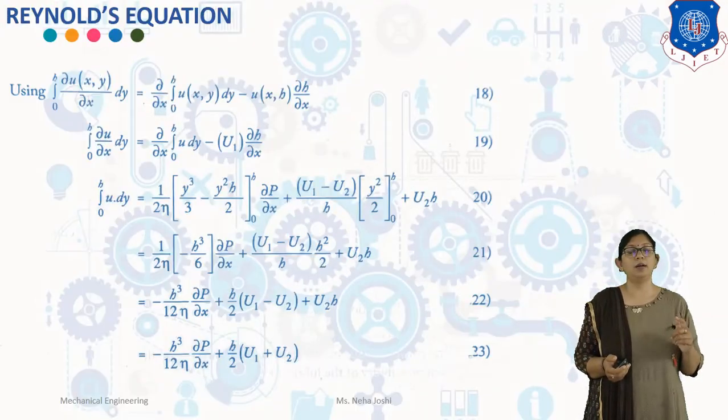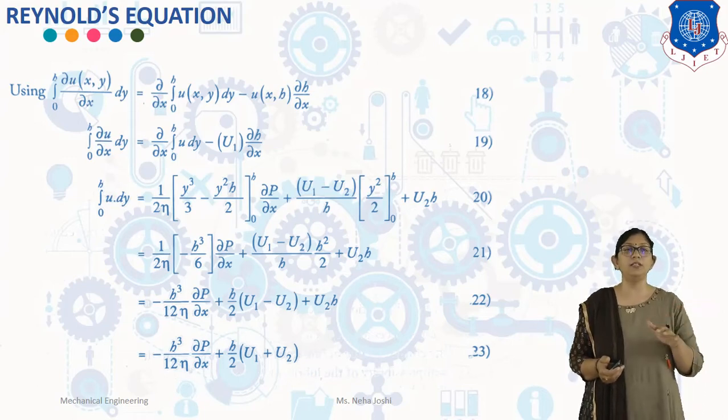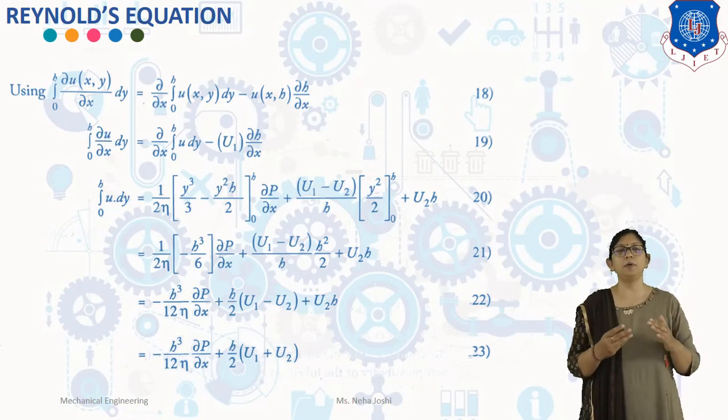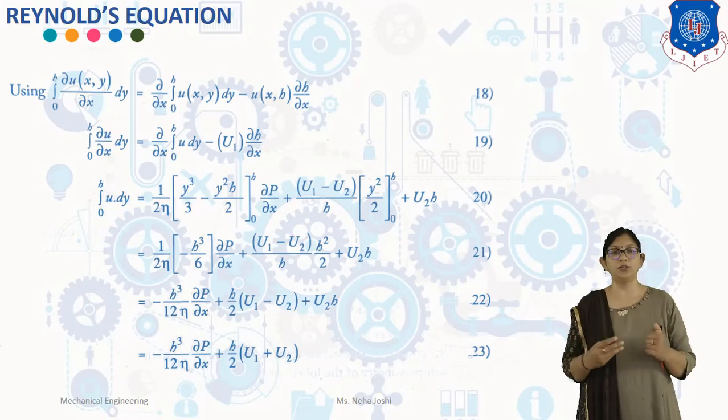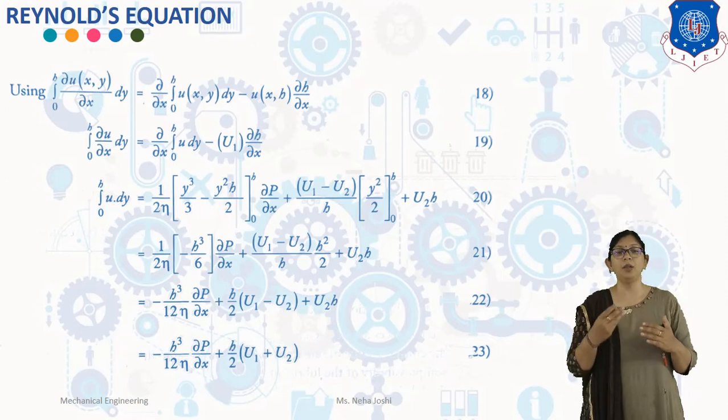Using this, integrating limit 0 to h ∂u_x/∂x dy is equal to ∂/∂x integrating limit 0 to h u_x dy minus u_x h ∂h/∂x, which is equal to minus h³/12η ∂p/∂x plus h/2 (u1 − u2) plus u2 into h. So finally we can get minus h³/12η ∂p/∂x plus h/2 (u1 + u2).